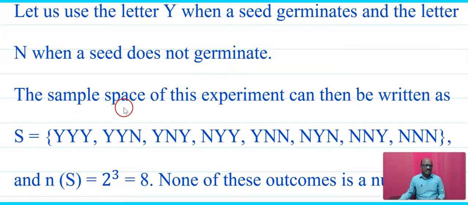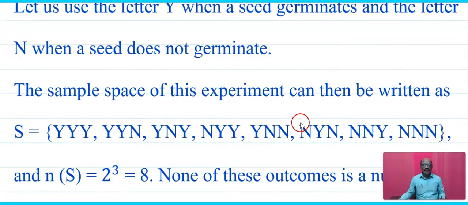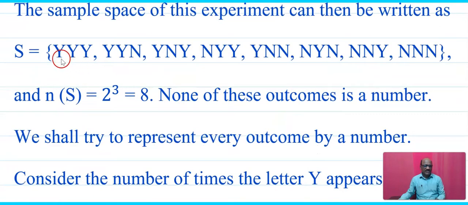The sample space of this experiment can then be written as S. That is YYY. It means that all the 3 seeds will germinate. Next YYN. That is, 2 will germinate and 1 will not germinate. And in this way we get all the 8 points.